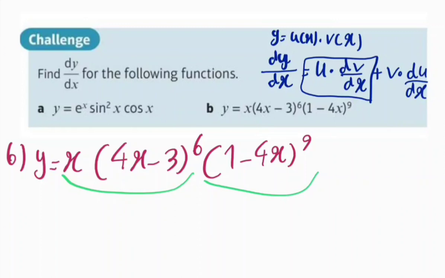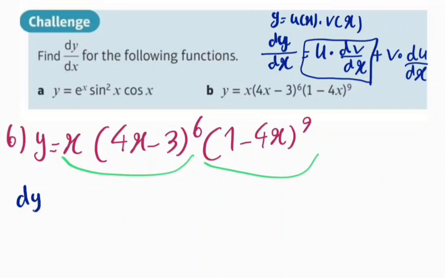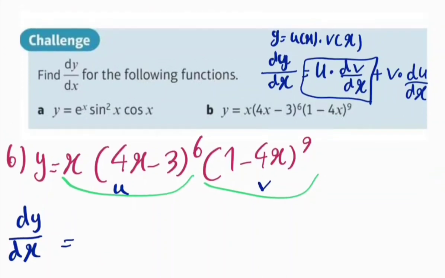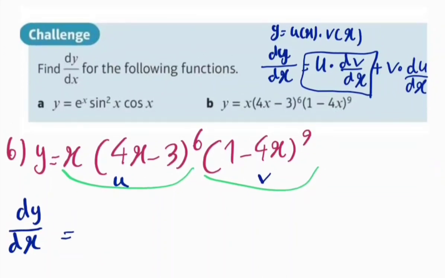So we write dy by dx is equal to, in this case, here is our u and this is our v. For the first part, we do u times dv dx.